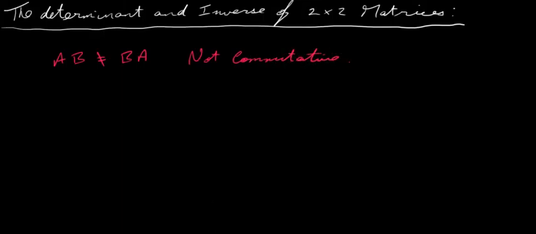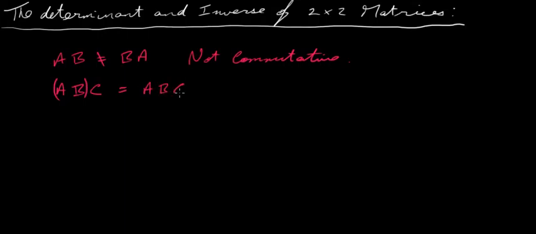So multiplication is not commutative for matrices. Now, what about the associative property? Well, if you take A, multiply it by B, multiply it by C, so you've got three matrices here, multiply them out. Now, we put a bracket around A and B, so we're going to multiply A and B first, and whatever we get then multiply by C. You will find that the associative property does hold.